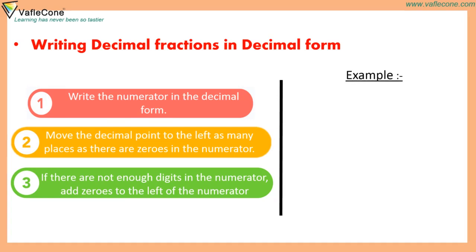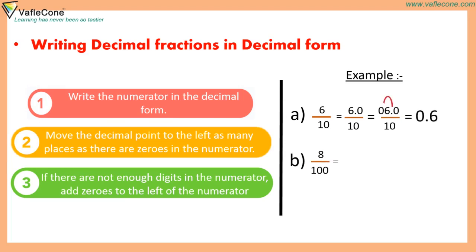For example, 6 by 10 is equal to 6.0 by 10 is equal to 0.6. 8 by 100 is equal to 8.0 by 100 is equal to 008.0 by 100 is equal to 0.08.